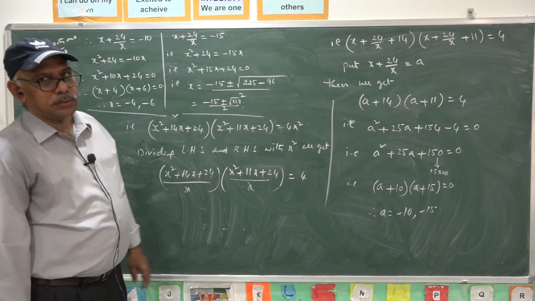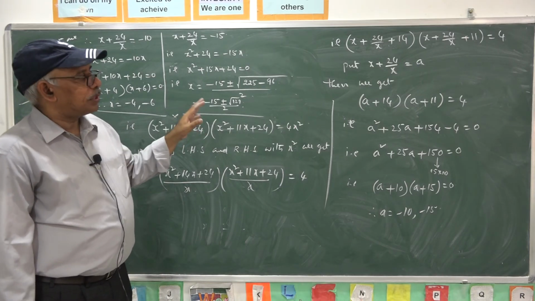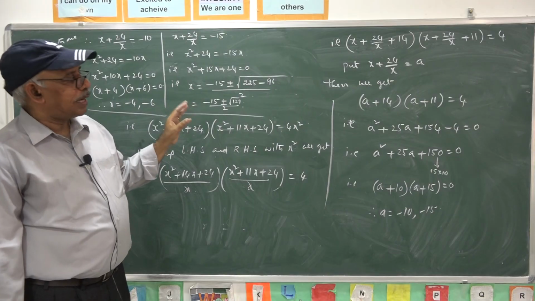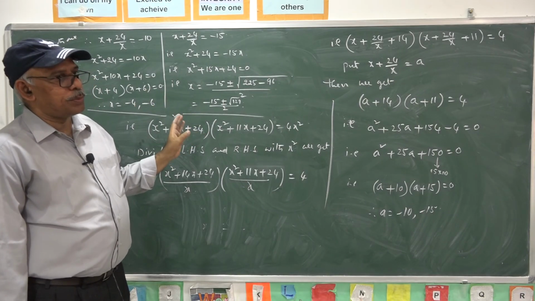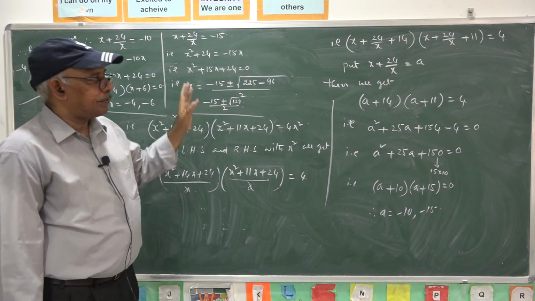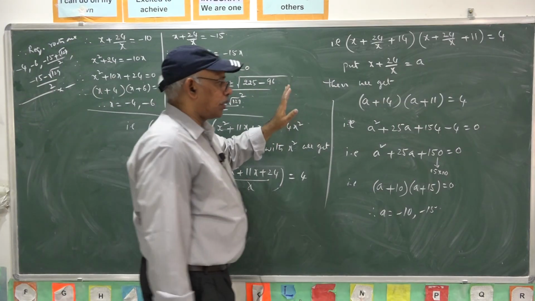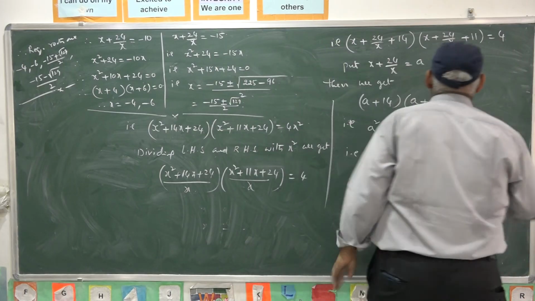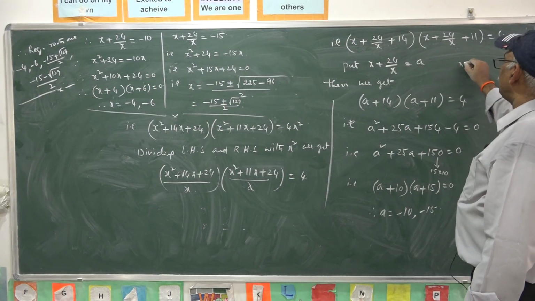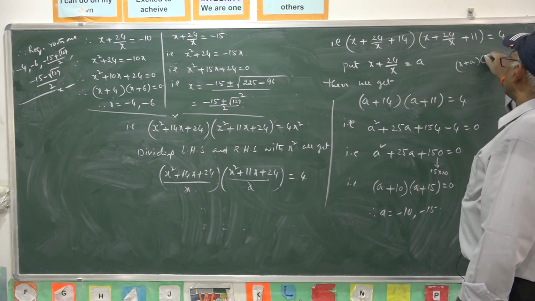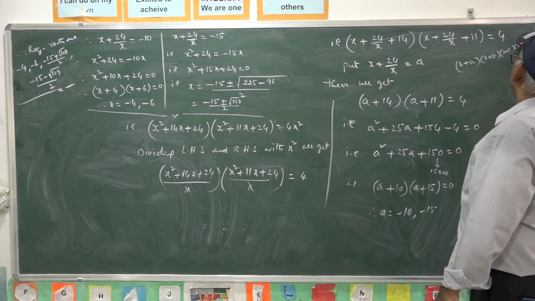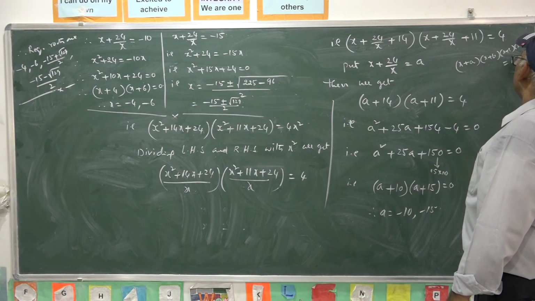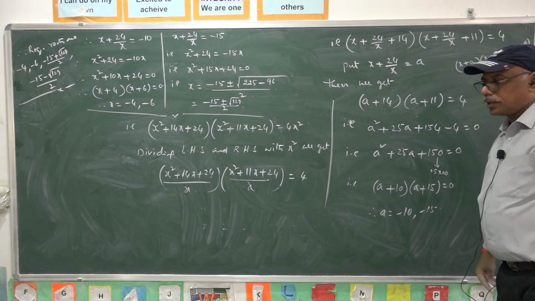This is the way of solving the given equation, which is in the particular form. Observe the equation, and see whether there is any possibility to reduce it to quadratic form. Particularly here, the given equation is of the form x plus a into x plus b into x plus c into x plus d equal to k into x square, where k is constant.